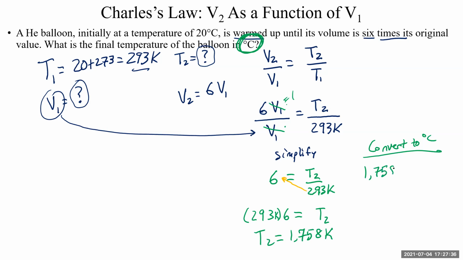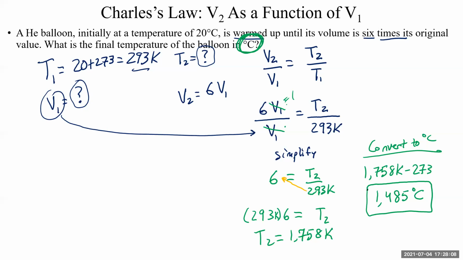Kelvins minus 273, that's the conversion factor, is to subtract rather than to multiply or divide. And so we get 1,485 degrees Celsius.